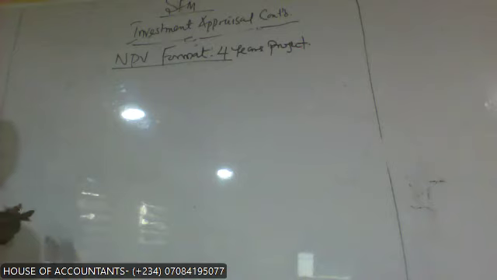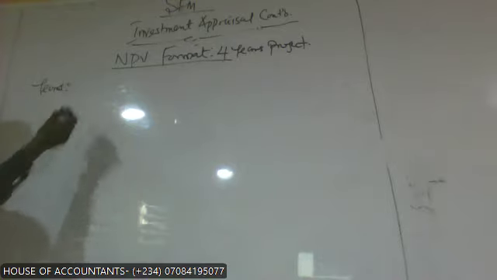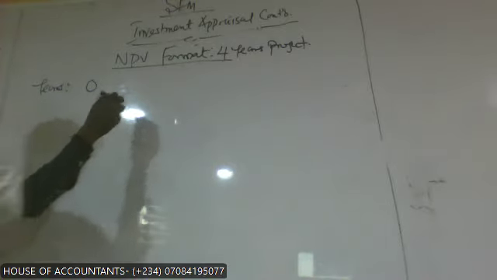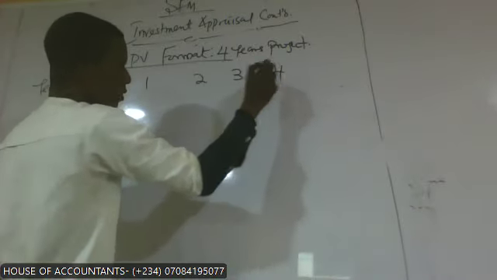So where do you start from? We all start from the years. You have to determine your years first. The years are going to be year 0, year 1, year 2, year 3, year 4.